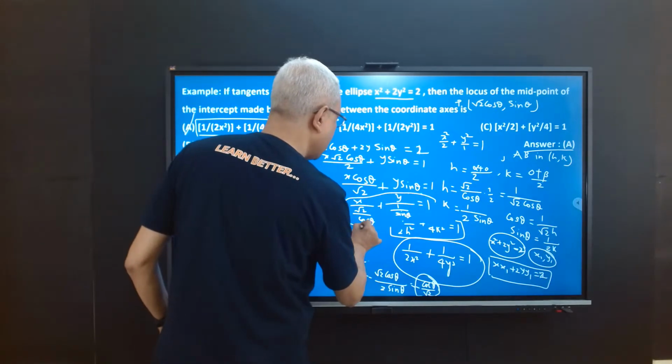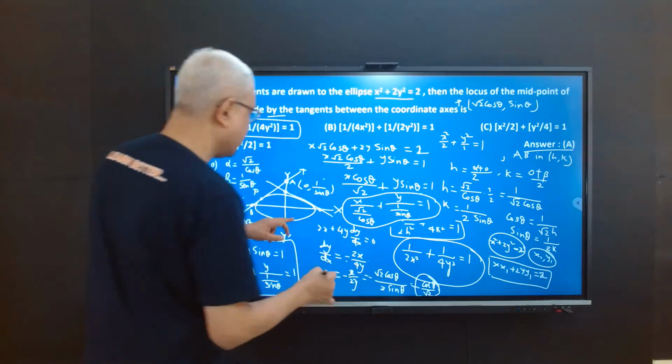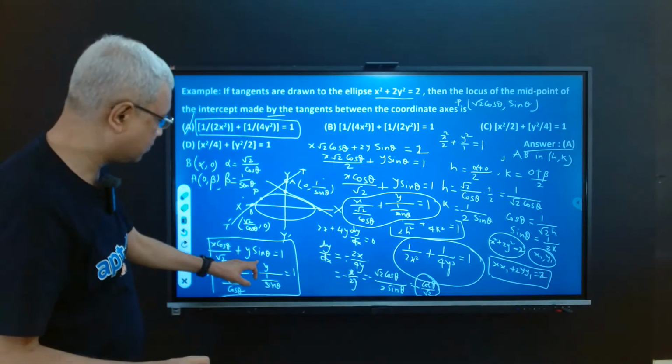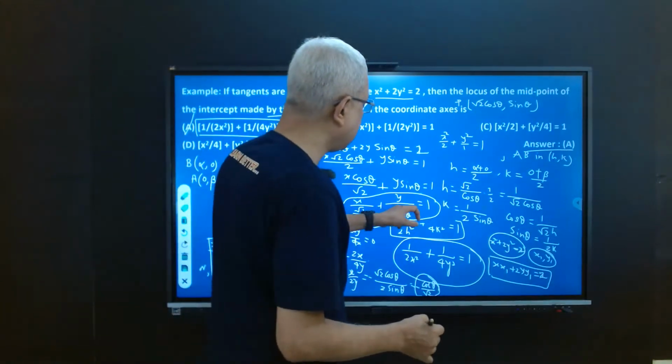So in this way also we can write the equation of the tangent, which is the same as this: x by root 2 cos theta plus y by 1 by sin theta equal to 1.